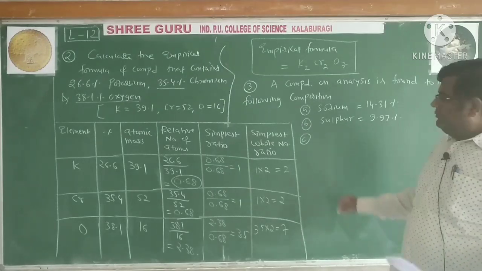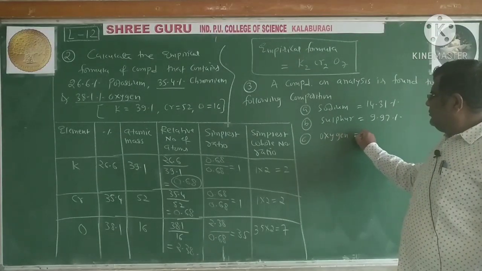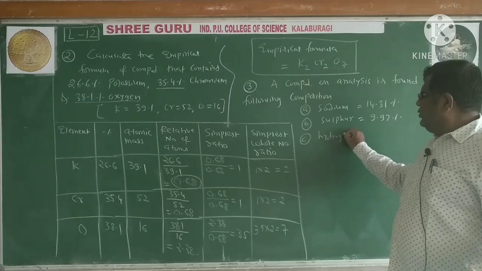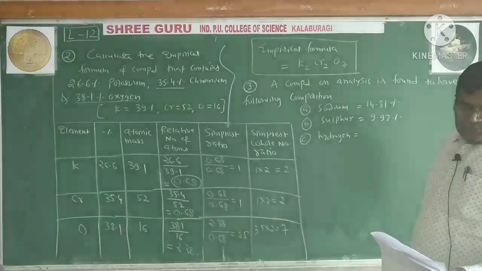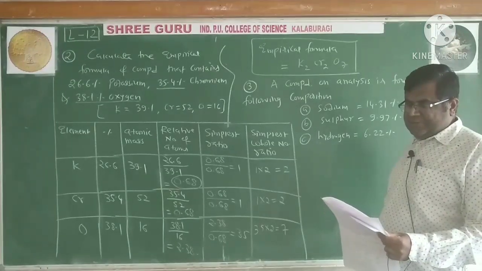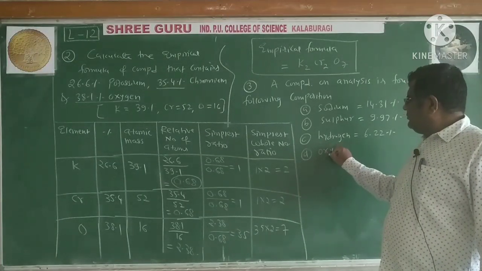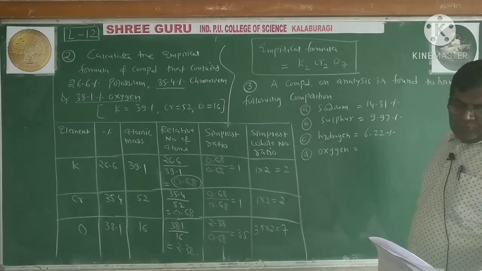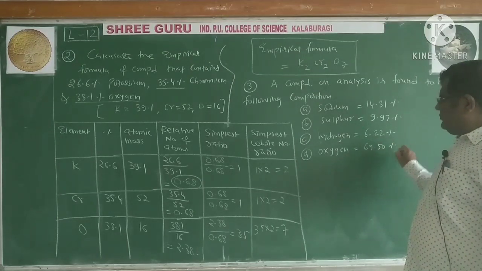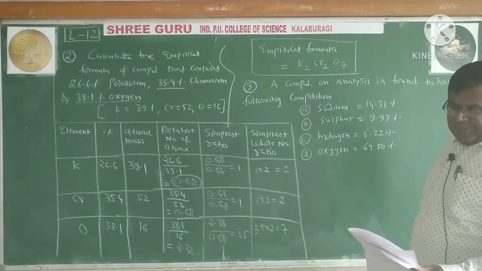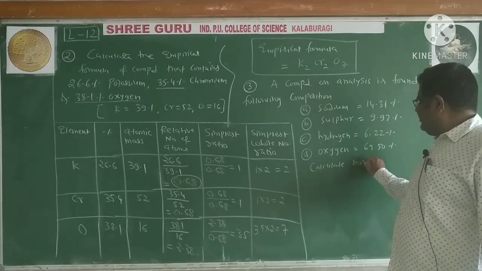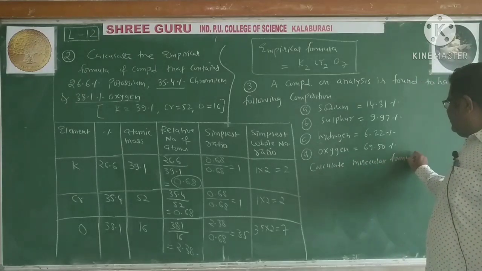Hydrogen is 6.22% and oxygen is equal to 69.50%. Calculate molecular formula.